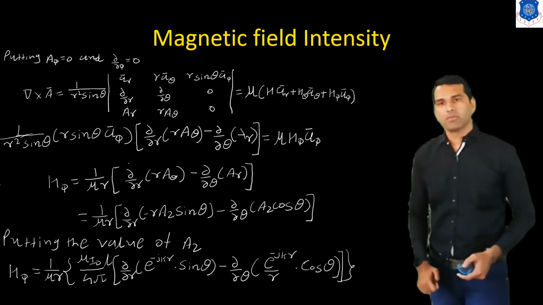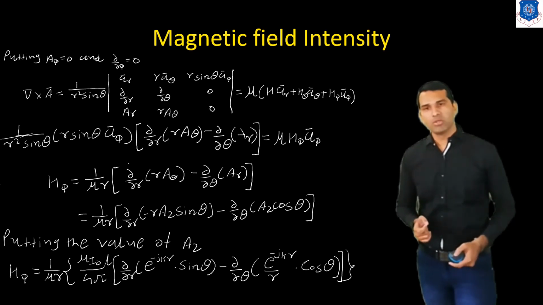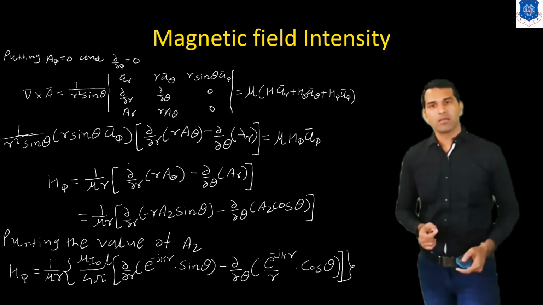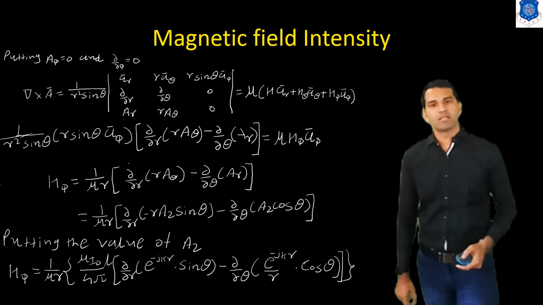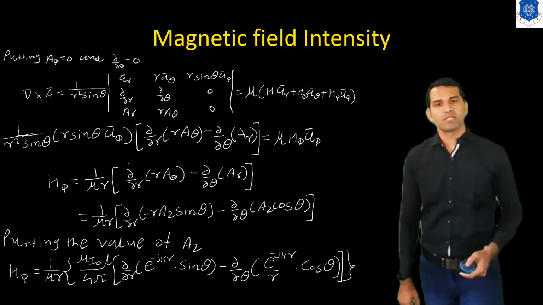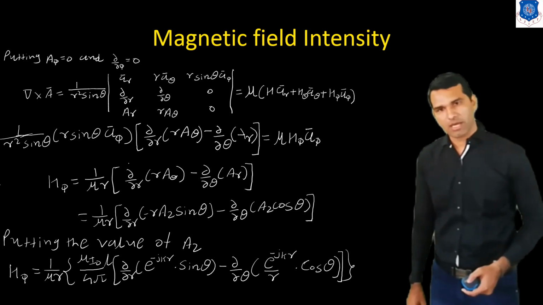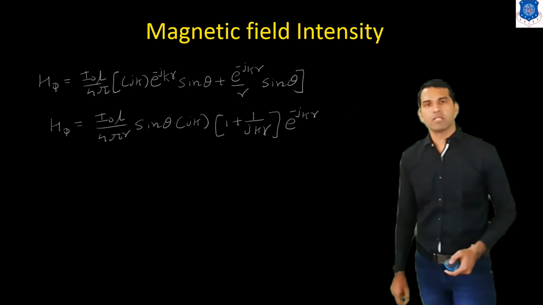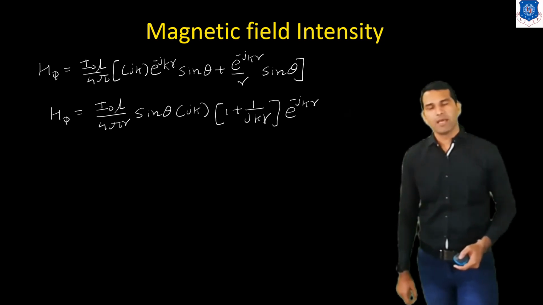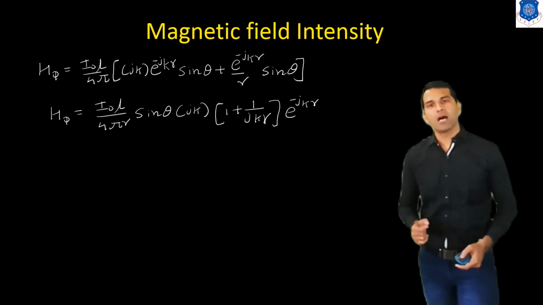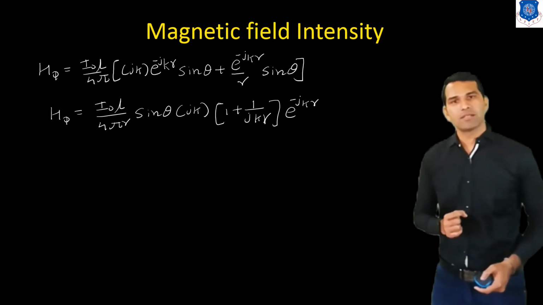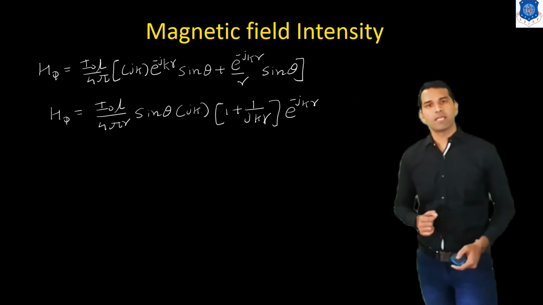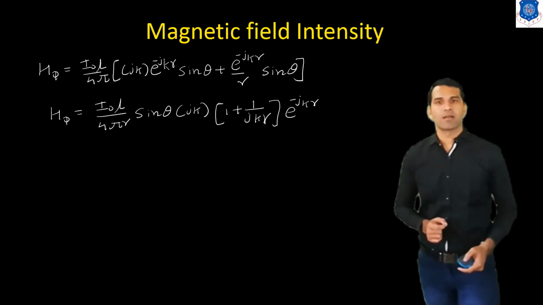The equation becomes h phi equals 1 upon mu r, mu I0 upon 4 pi L, del by del r of e raised to minus jkr times sin theta, minus del by del theta of e raised to minus jkr upon r cos theta. Now we solve this equation. So we get h phi equals I0 L upon 4 pi, jk e raised to minus jkr sin theta plus e raised to minus jkr upon r sin theta.